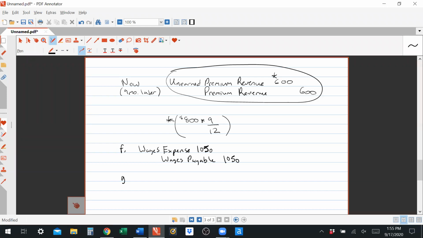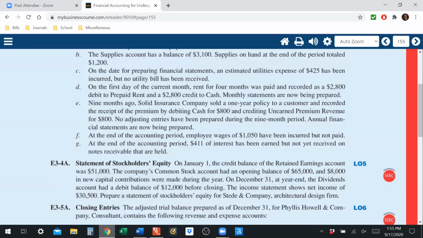G, at the end of the accounting period, $411 of interest has been earned, but not yet received on notes receivable that are held. So what are we? What kind of firm are we? Who makes our money from interest on money that we've loaned out?